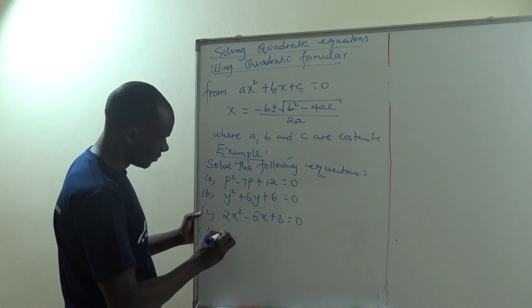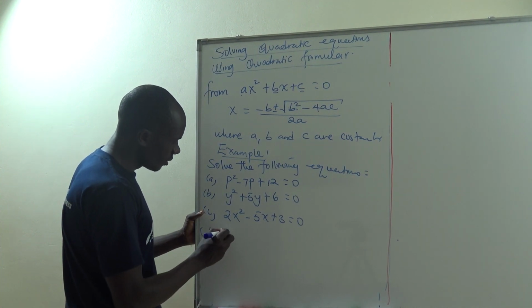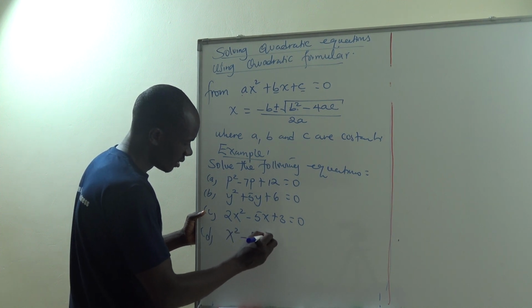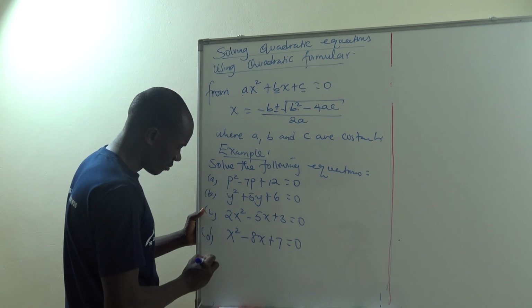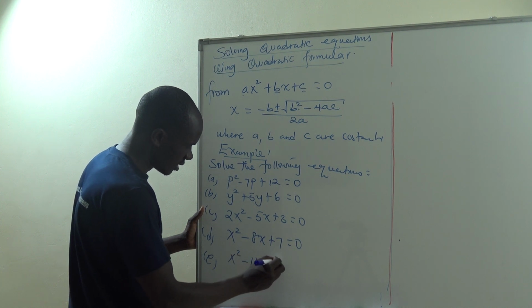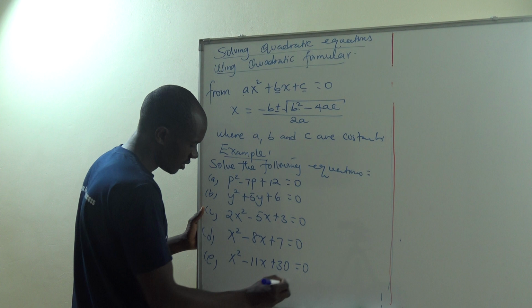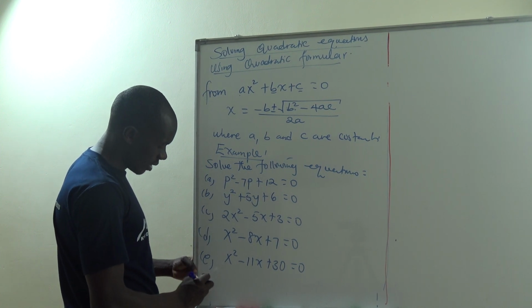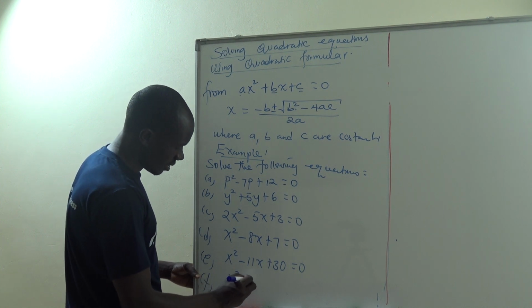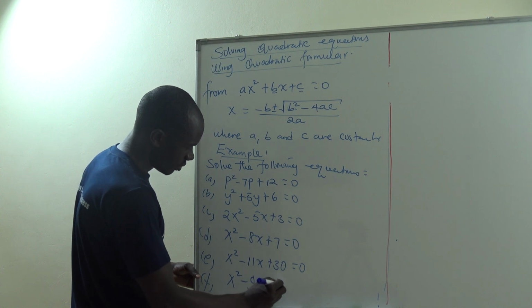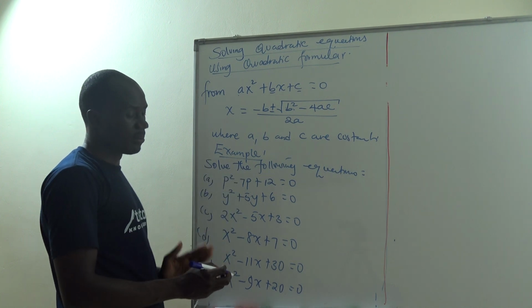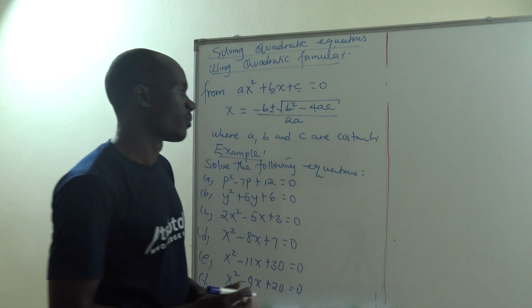Part D, x squared minus 8x plus 7 equals 0. Part E, x squared minus 11x plus 30 equals 0. And then we can stop on part F, which goes x squared minus 9x plus 20 equals 0. So we are going to do these using what we call the quadratic formula.